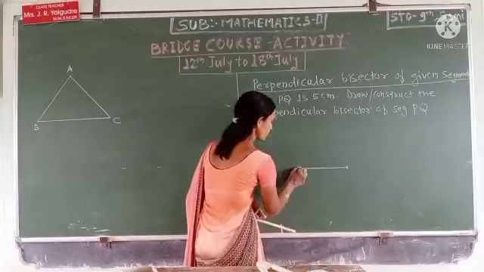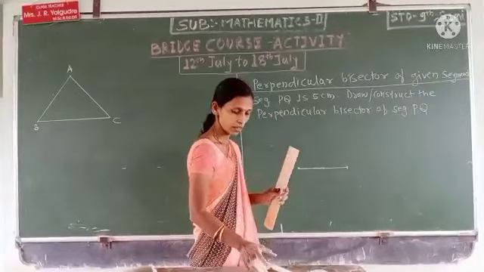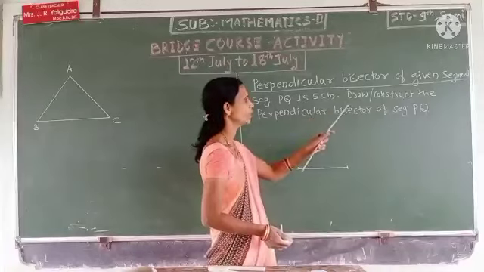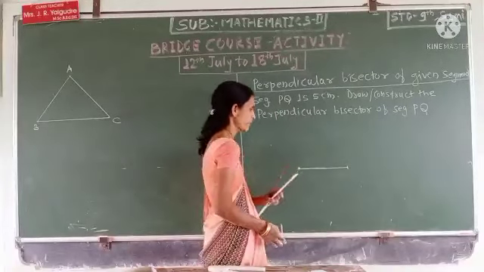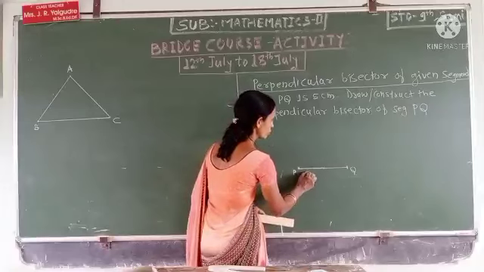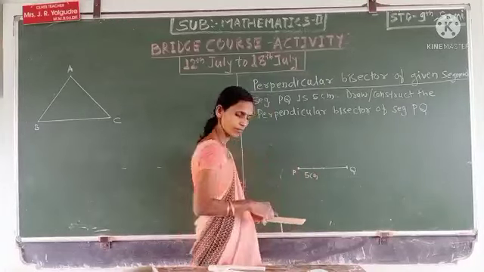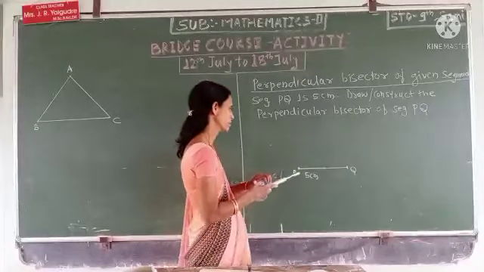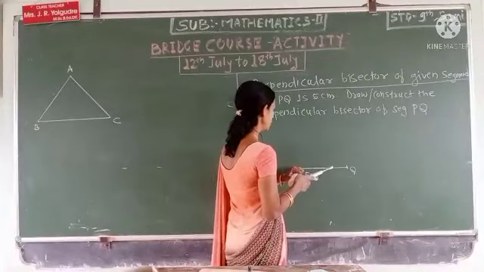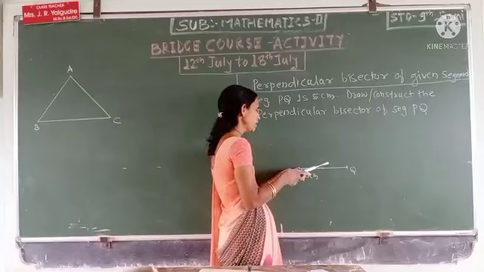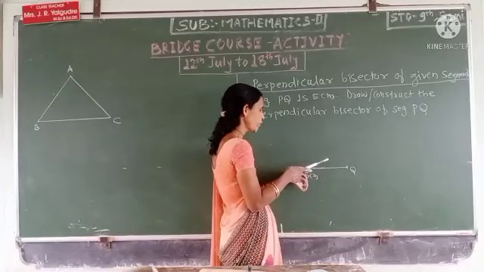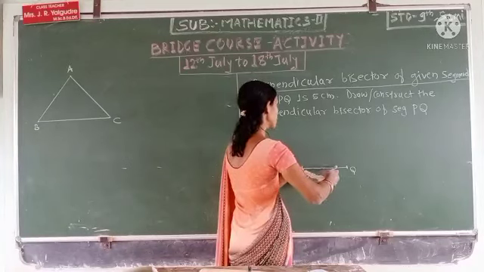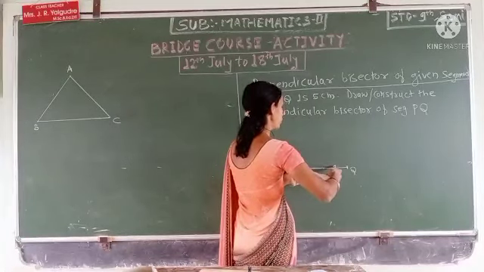See here, using the geometrical instruments, you can draw the perpendicular bisector of the given line segment. PQ is of 5 cm length. Then take a needle compass and see here, the needle is put on the end point P and take the distance more than half of PQ.